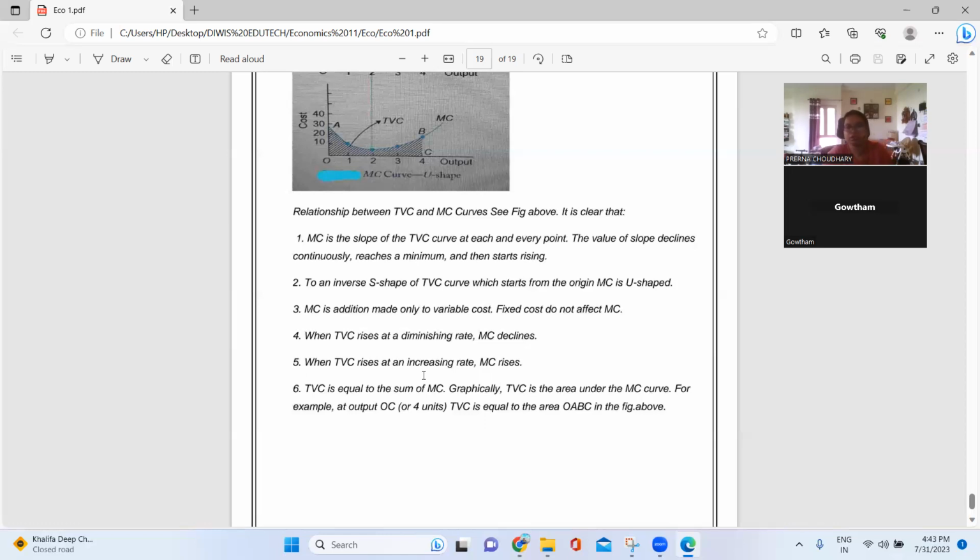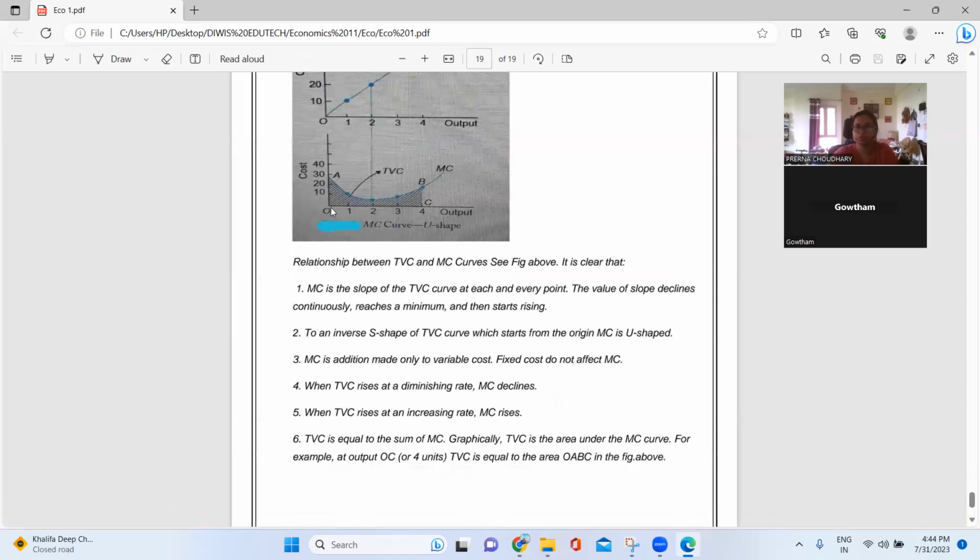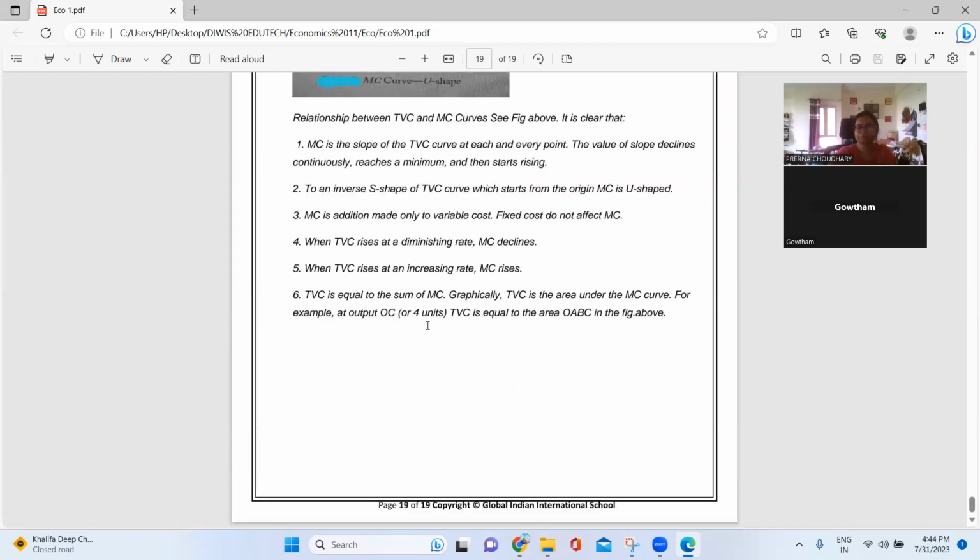For example, at output OC or 4 units, TVC is equal to the area of OABC. This is the 4 units, OABC. This is the TVC. How much TVC is there? For calculating TVC, just look at the MC till 4 units and you'll get that.